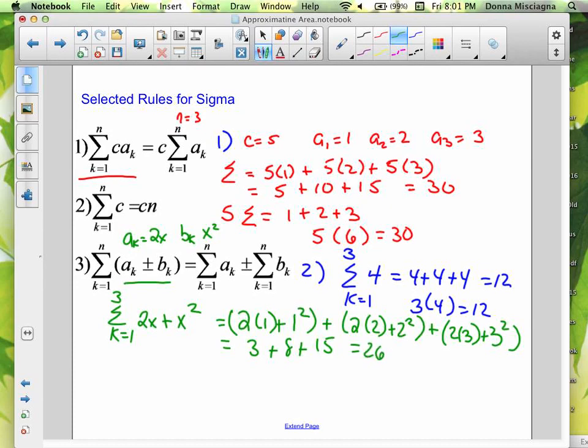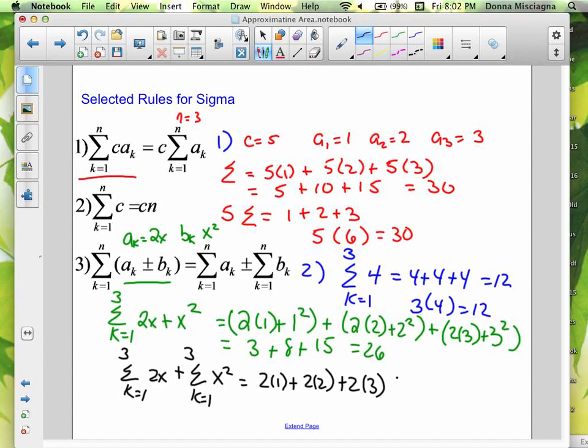I could do it that way, or instead I could do the sum from k equals 1 to 3 of the 2x, and then the sum from k equals 1 to 3 of x squared. Find them each separately and add them up. And you can see you're just adding up the same values, just doing it in a different order. So that would be 2 times 1 plus 2 times 2 plus 2 times 3, plus 1 squared plus 2 squared plus 3 squared.